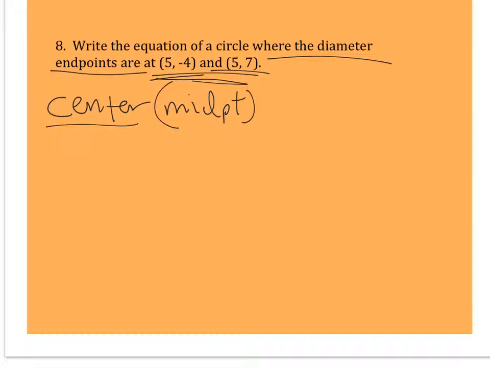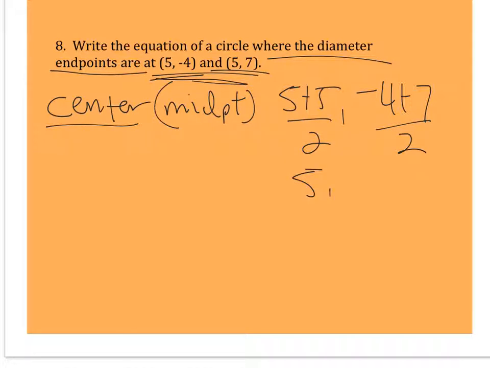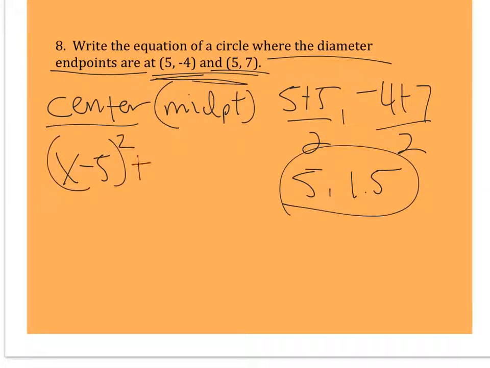So what I want is (5 plus 5) divided by 2 and (-4 plus 7) divided by 2. That's going to be 5. -4 plus 7 is 3, so this is going to be 1.5. So there's my center. Now that's going to be (x minus 5) squared plus (y minus 1.5) squared equals whatever my radius is.